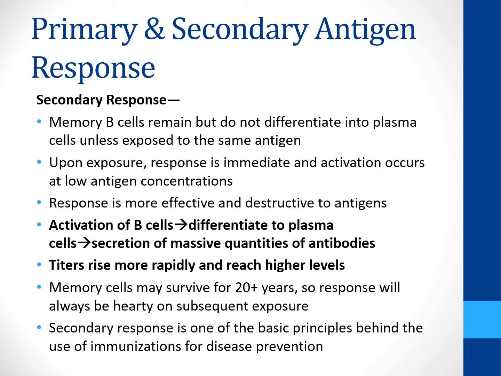And then when you're exposed later, so say to chickenpox, if you have the chickenpox vaccine, you're going to start creating memory B cells to the chickenpox antigen. So when you're exposed to chickenpox later in life, your body is going to rapidly fight it off and keep you from getting sick later on.